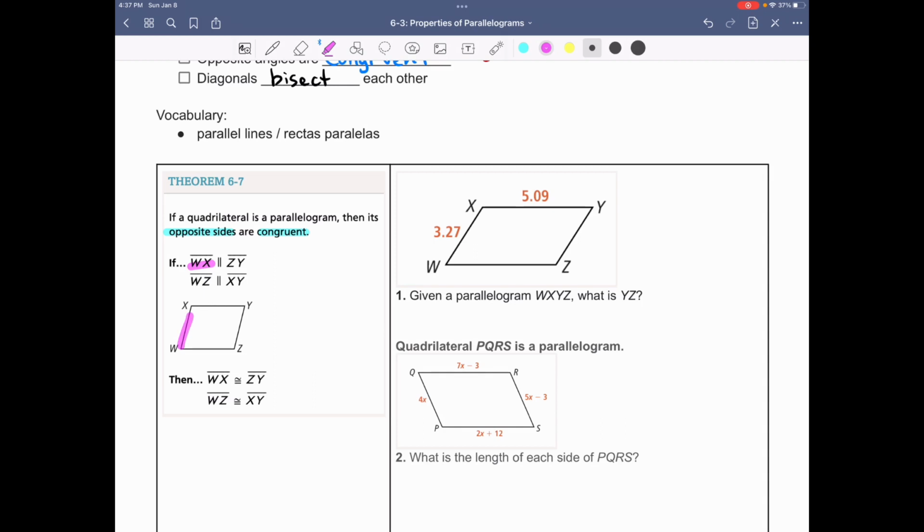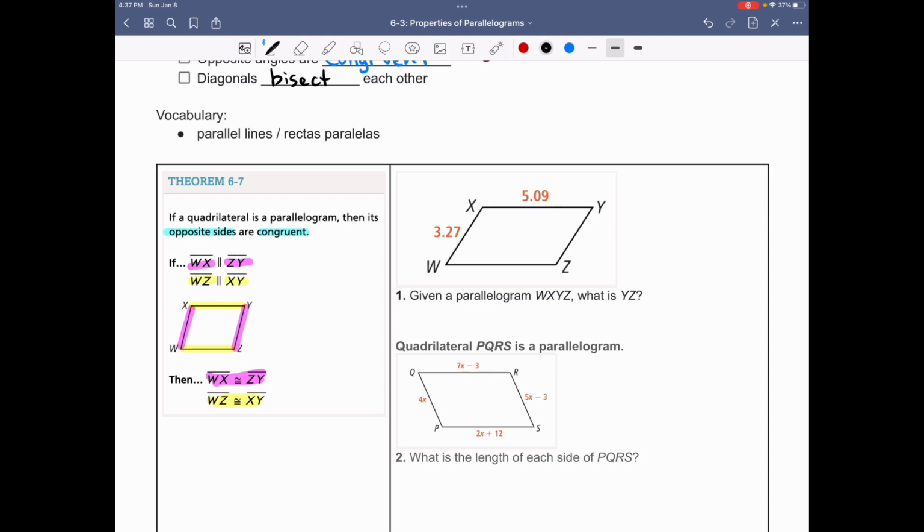And in the picture, it looks like so. WX is congruent to YZ, opposite sides. And WZ is congruent and parallel to XY, and therefore they are congruent. So how does that apply?